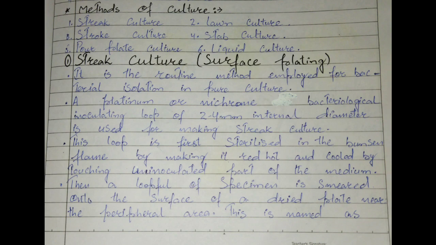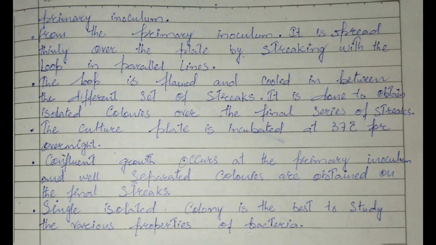This is named as primary inoculum. From the primary inoculum, it is spread thinly over the plate by streaking with the loop in parallel lines. The loop is flamed and cooled in between the different sets of streaks. It is done to obtain isolated colonies over the final series of streaks.